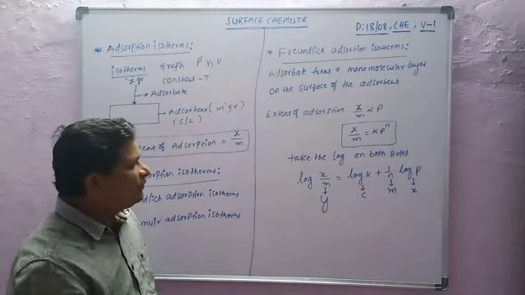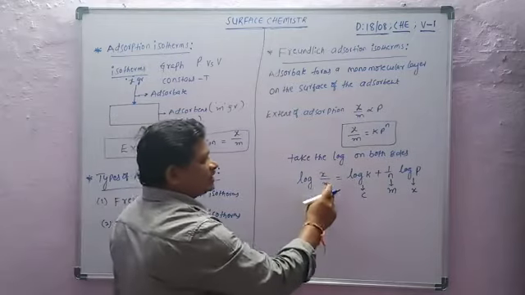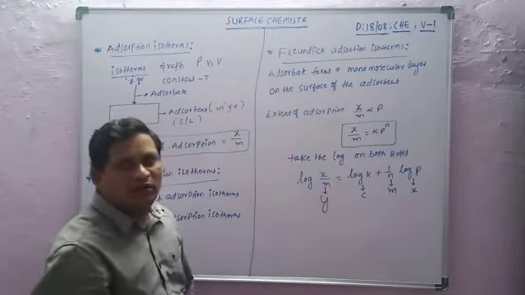So a graph is drawn between log x by m and log p.